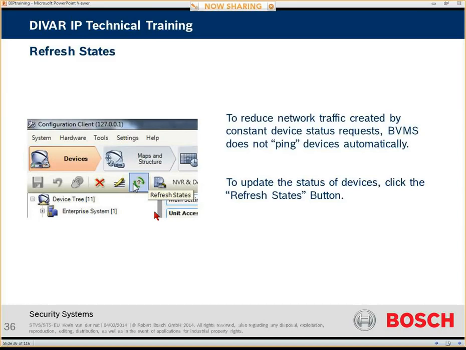To reduce unnecessary network traffic created by these constant device status requests, we do not ping these devices automatically anymore. So now you have under your control when you want to verify if your connection to a device is currently online or offline. Then you simply press the refresh states button, and it will indicate for all devices added to my system whether or not they are online or offline.